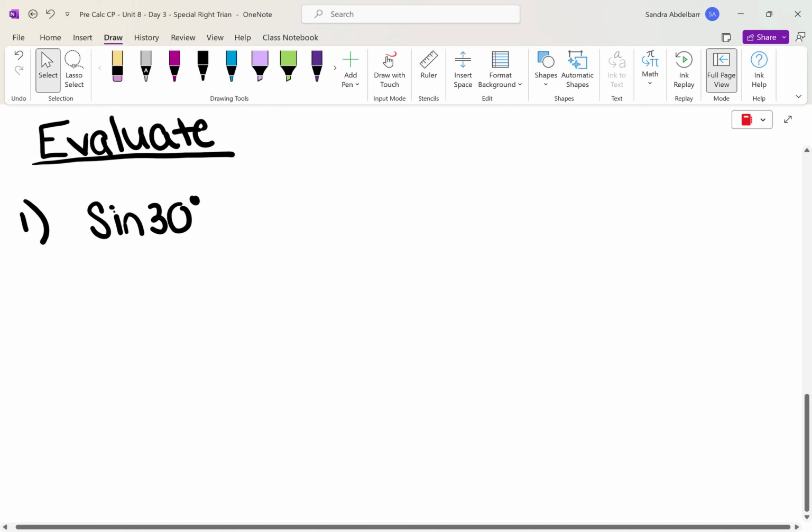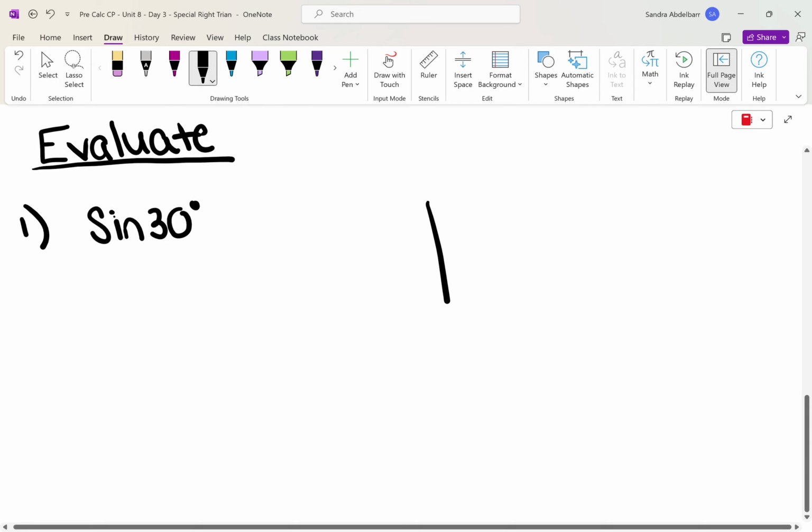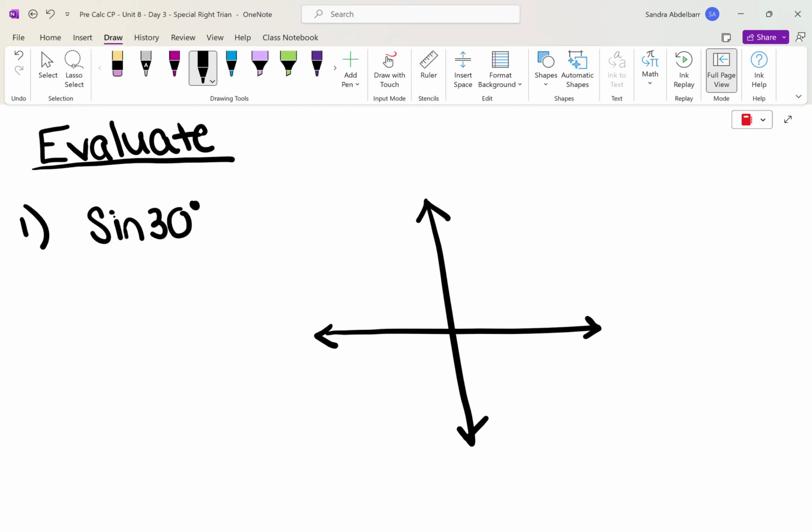We're going to evaluate this without a calculator. So I'm drawing my axes and we're thinking unit circle. Now we know this is 0, 360, this is 90, this is 180, this is 270.